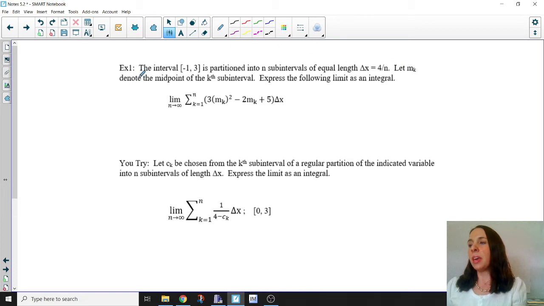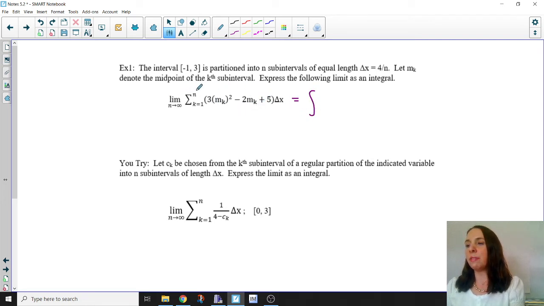Let m sub k denote the midpoint of the kth subinterval. That just means that we're using MRAM here, Midpoint Riemann sum. Express the following limit as an integral. So we have the limit as n approaches infinity of the sum of all of this stuff. That is going to become, watch how easy these examples are, the integral of this function.